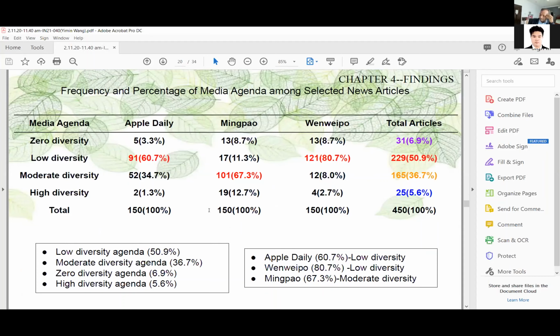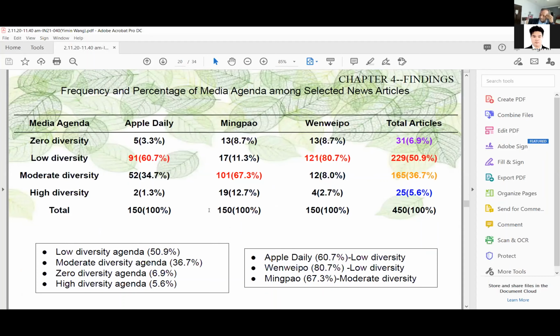So the methodology of the research is quantitative content analysis. The target population is the Chinese news media of Hong Kong, and the time dimension is from the day the Hong Kong protest broke out to the last day of 2019.